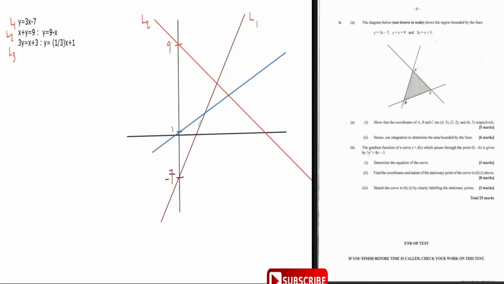I just like to put it on a graph. It makes it easy for me to see what's going on. So this is L3.